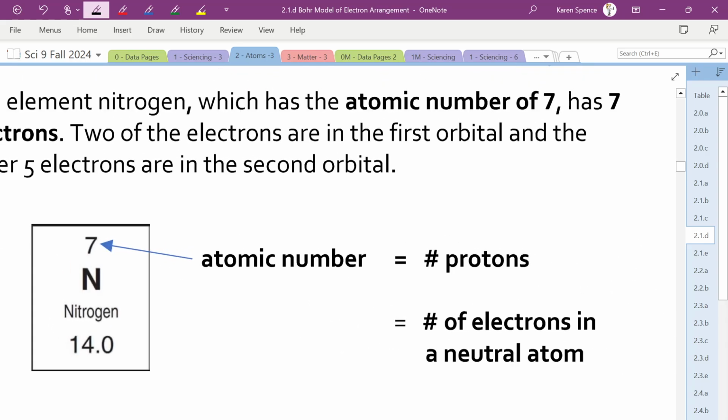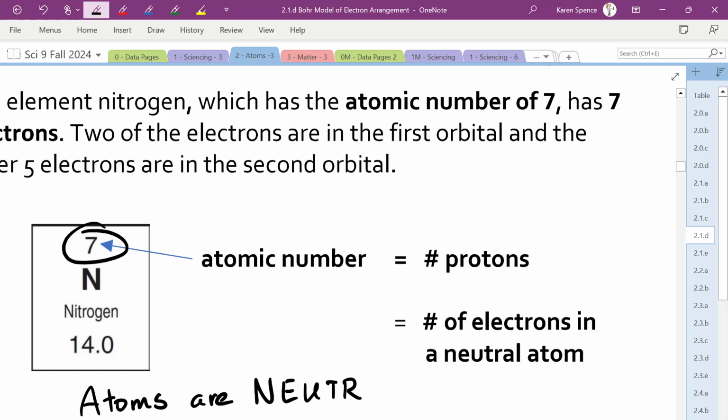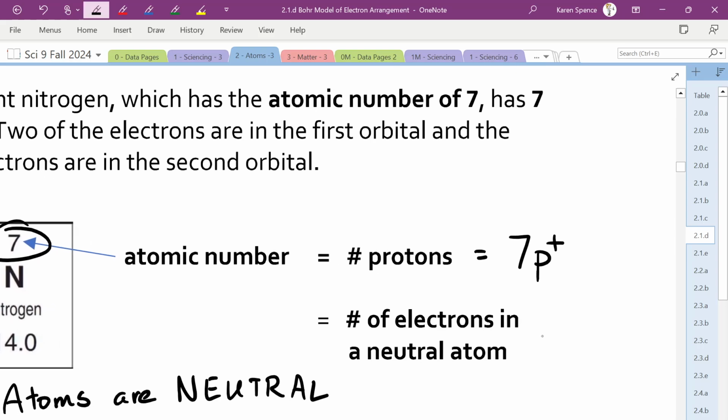Because its atomic number is 7. And what do we know about atoms? Atoms are neutral. So if we have 7 positives, how many negatives do we need to have? 7 electrons.